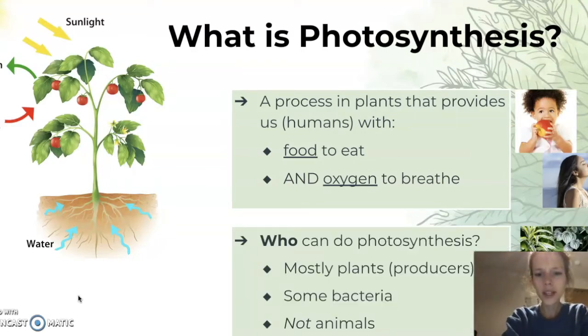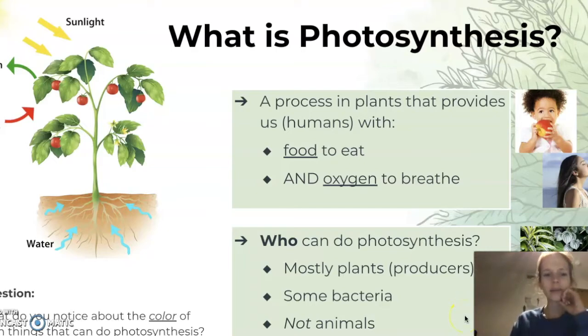Who can do photosynthesis? Well, mostly we're talking about plants, or producers, like you heard about in the energy transfer video. But there are some bacteria, like these that I'm showing you here in green, that can do photosynthesis too. Now, we animals, we can't do photosynthesis. Here's a question to think about.